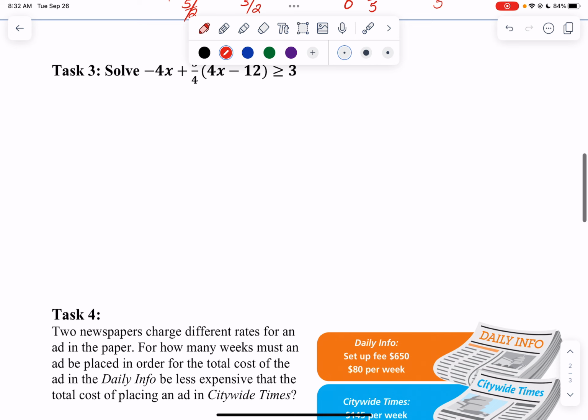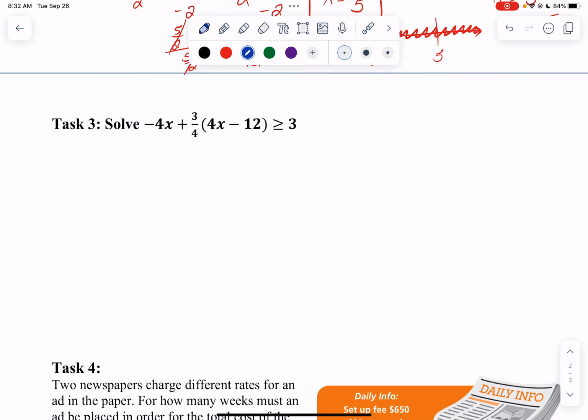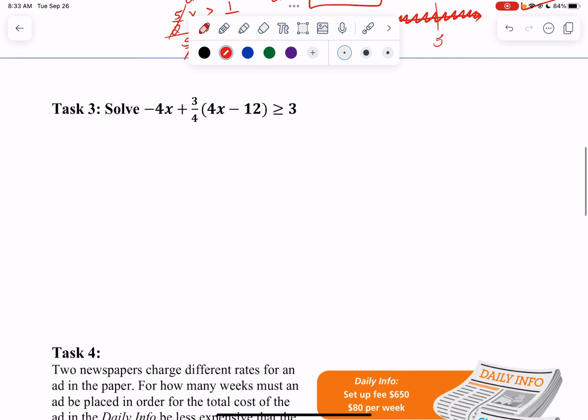All right, next one. Here we have another one. Again, we need to identify that we're solving for x's. Where are my x's? Right there. I've got two of them, but I've got this 3/4 multiplied in front, so we distribute. Negative 4x plus 3/4 times 4.